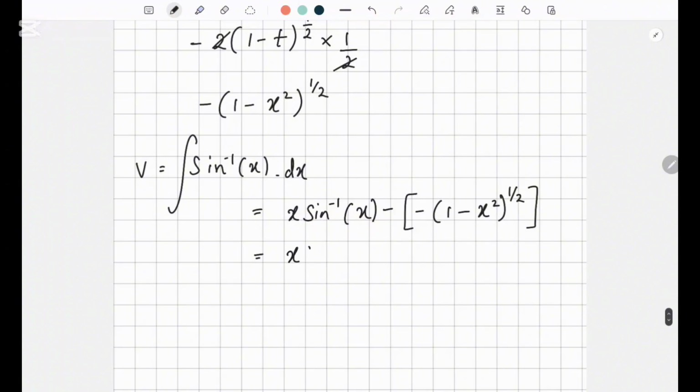So our answer is x sine inverse x plus root 1 minus x squared. So this is the integration of sine inverse x.